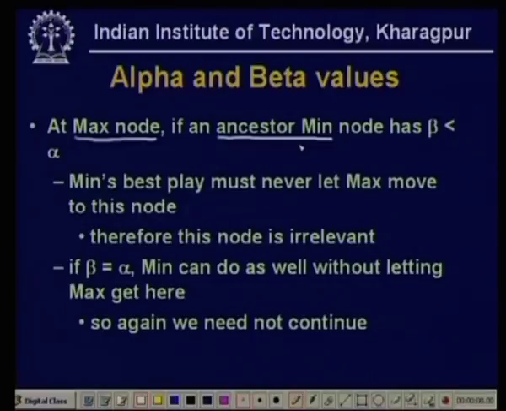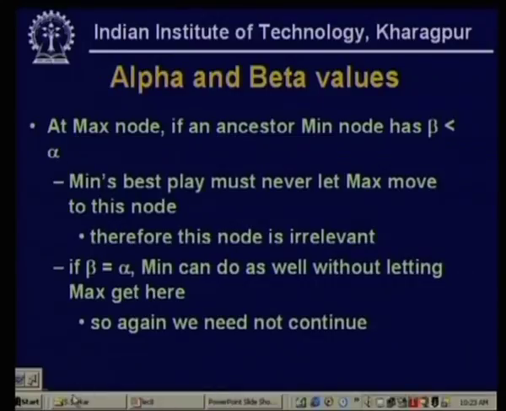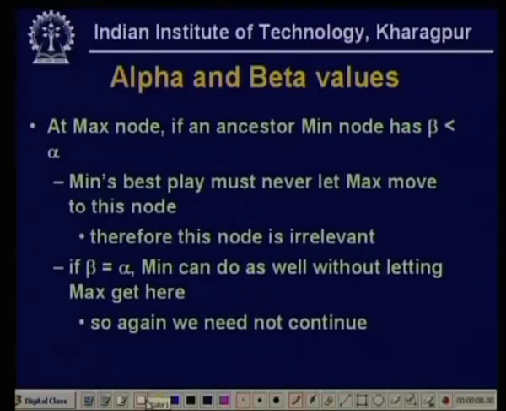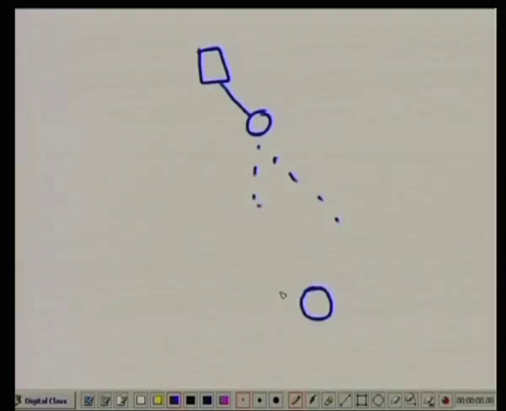The ancestor need not be the exact predecessor, it could be some other ancestor. So, just to draw a diagram, suppose this is a max ancestor and then there are some parts of the tree and there is a min predecessor.